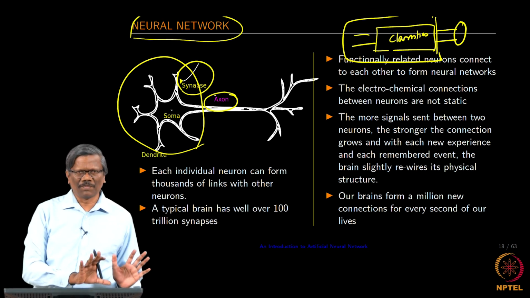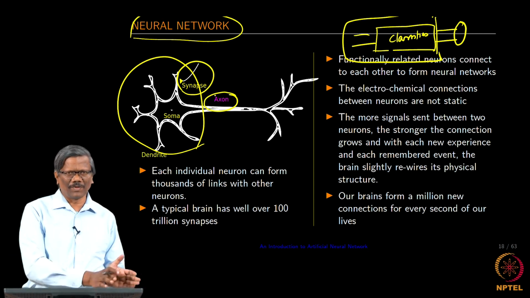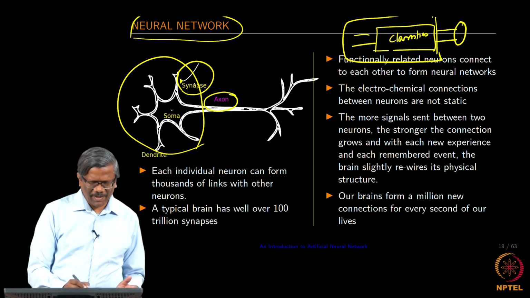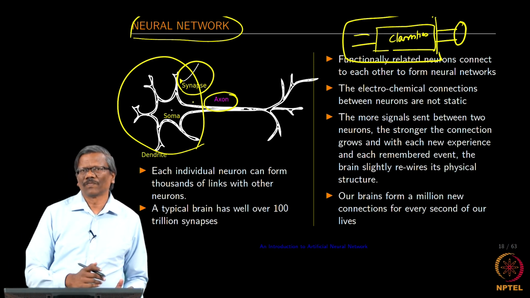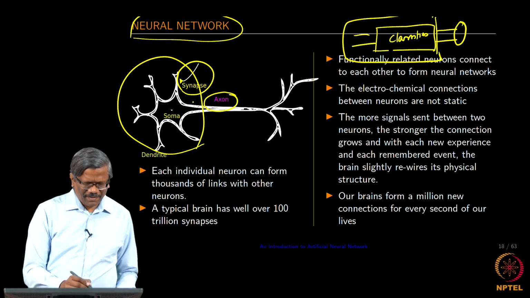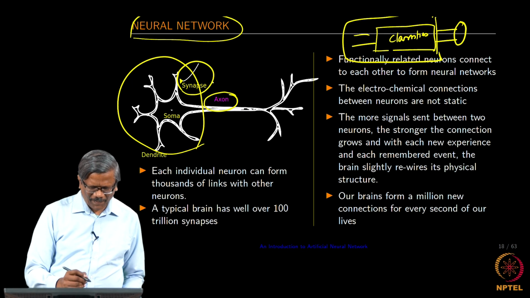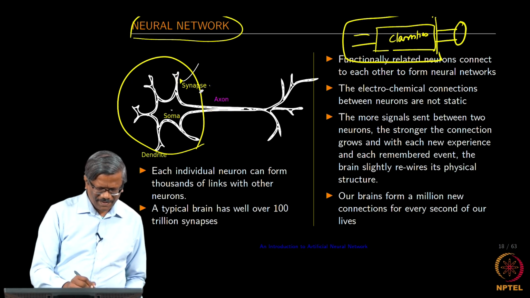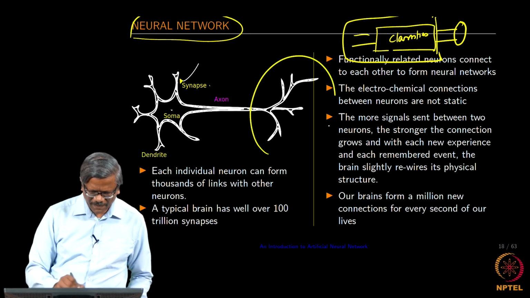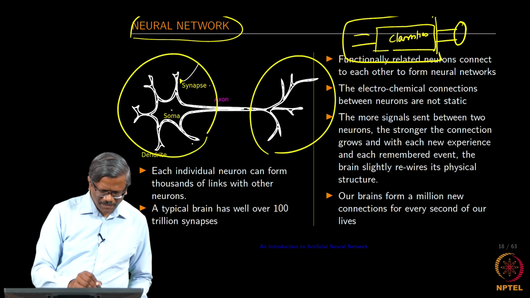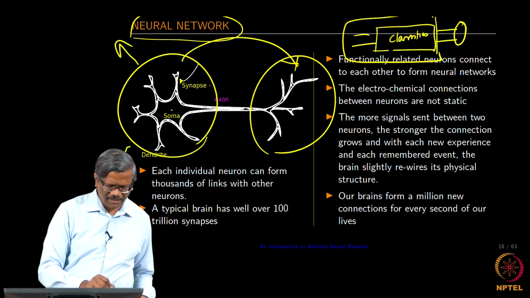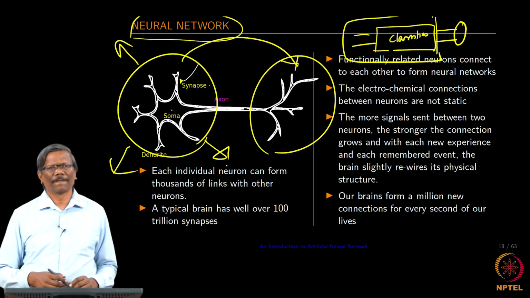So there is an input coming in, and the electrical signals are carried from one neuron to the other through axons. There are plenty of them in the brain. You will have a similar structure on this side too, and here, here, here and so on. There are plenty of them.